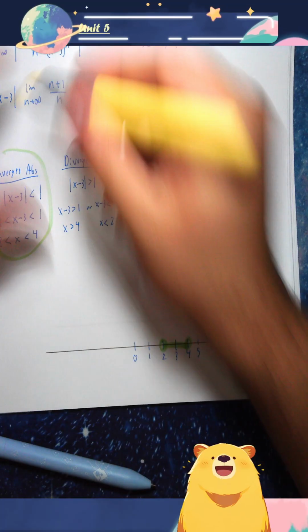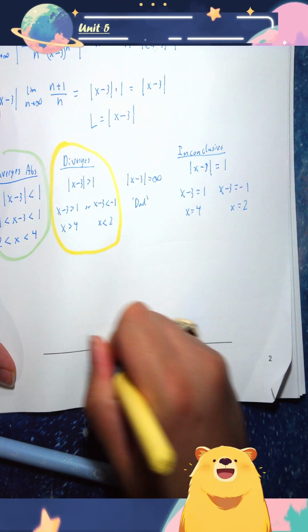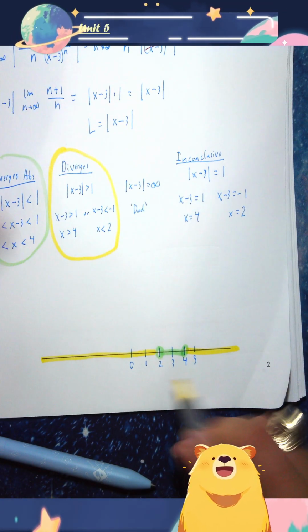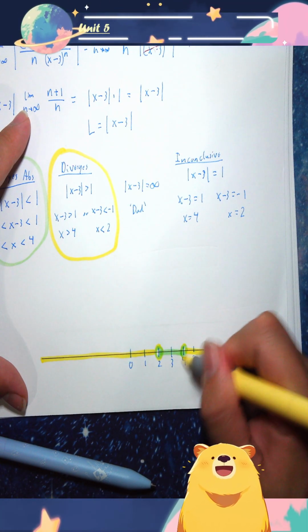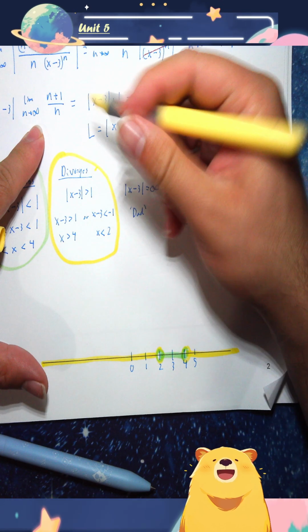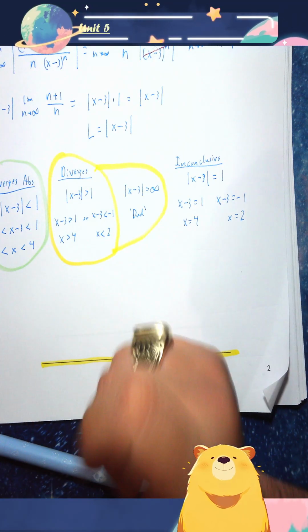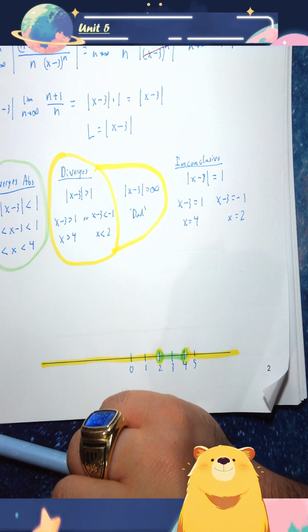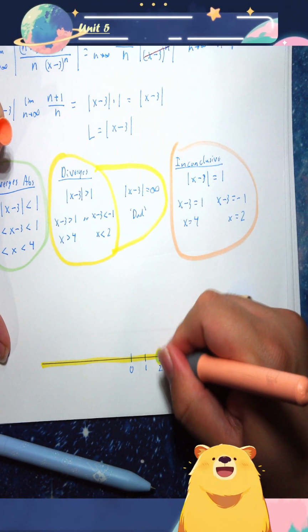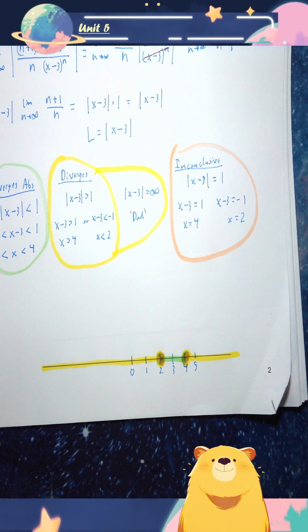For diverges, you would have all the values less than 2 and greater than 4, but not including them. Again, it's a circle there as well. Oh, I forgot to highlight this as well. It led to nothing, so I guess that's why I instinctively didn't highlight it. And then the inconclusive parts. So those would just be the bullets at 2 and 4. Right.